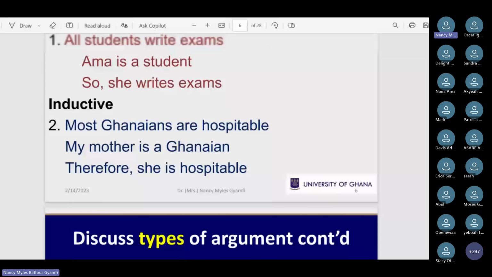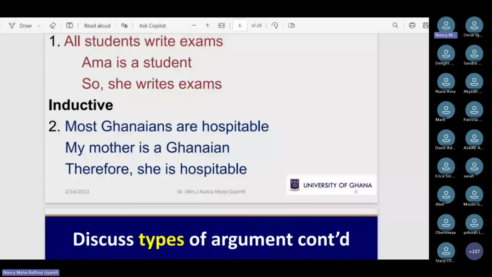If you're making notes, write it down. Inductive arguments are not described as valid or invalid. Validity and invalidity cannot describe inductive argument. You see that? It is the wrong term to use to describe induction. Inductive arguments are either strong or weak, cogent or not cogent, and stuff like that. We'll get there.